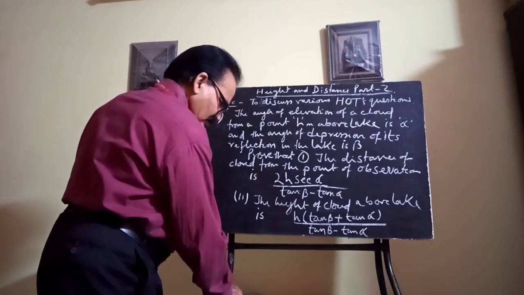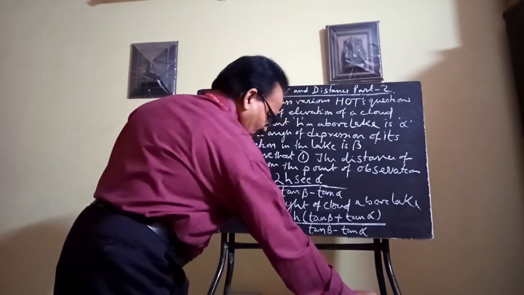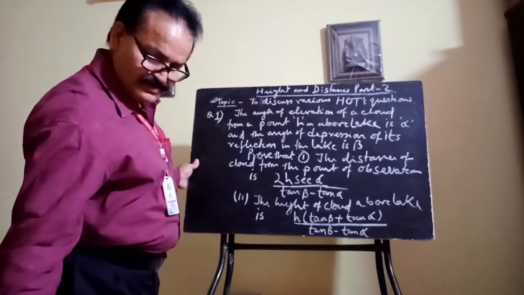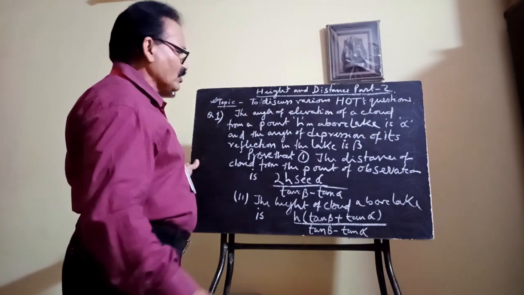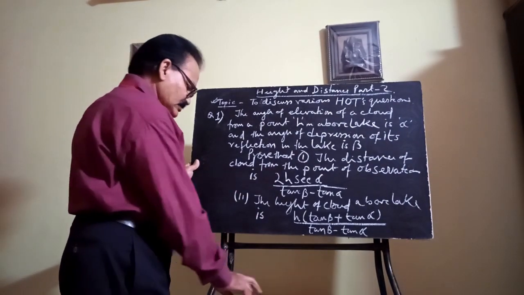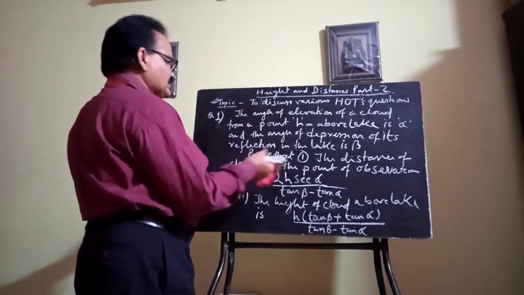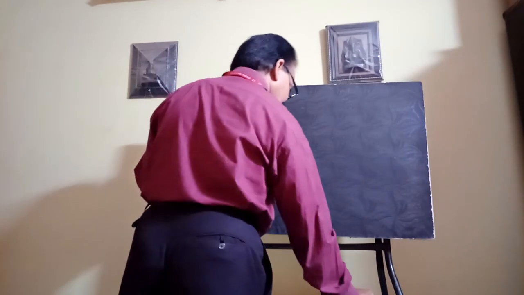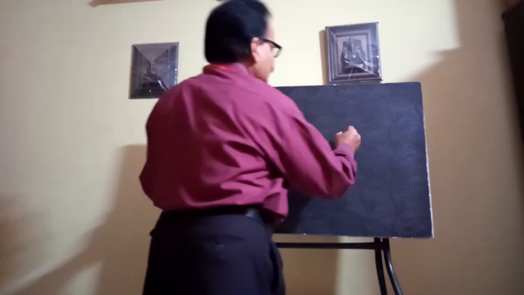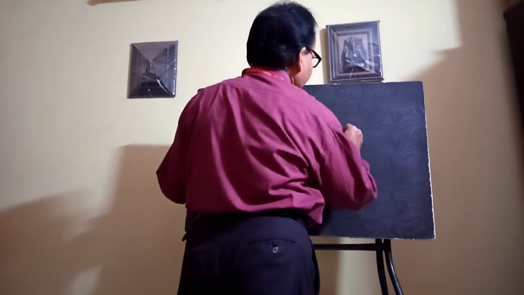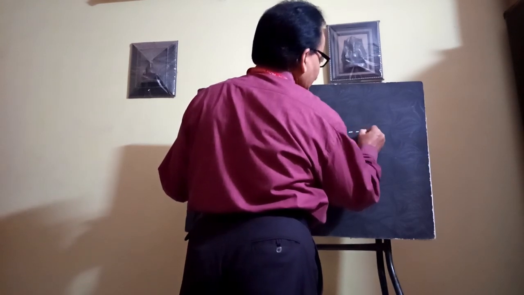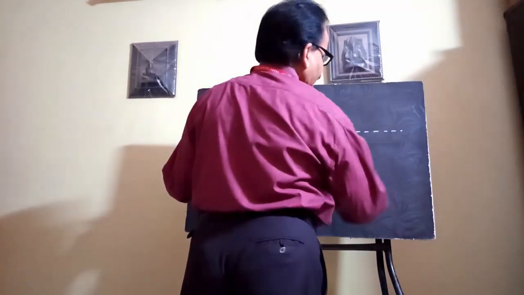So first of all you have to draw the diagram based on this question. Okay, I have to remove this for space. You must keep in mind that suppose this is the level of your lake, the surface of the lake.